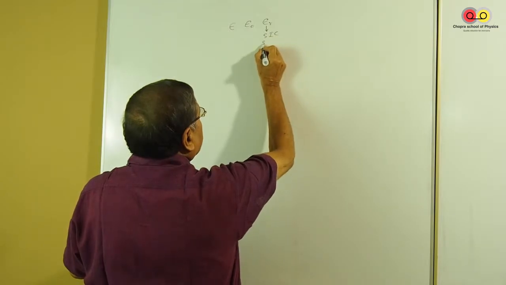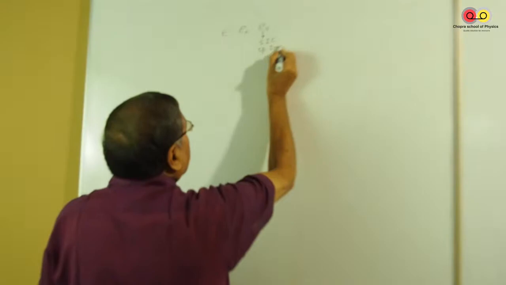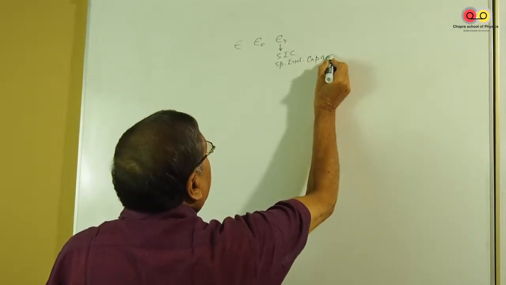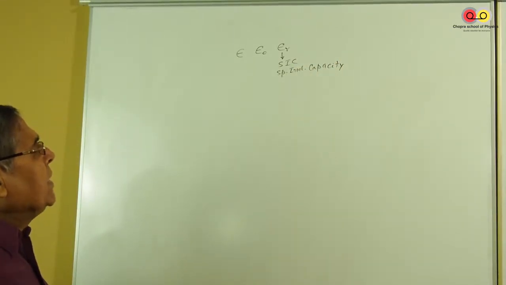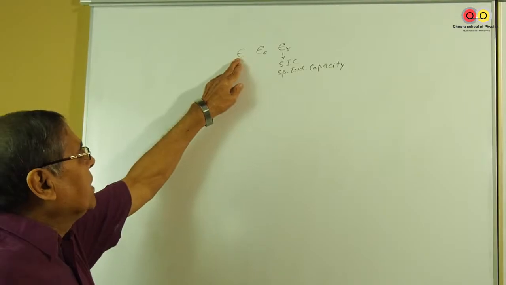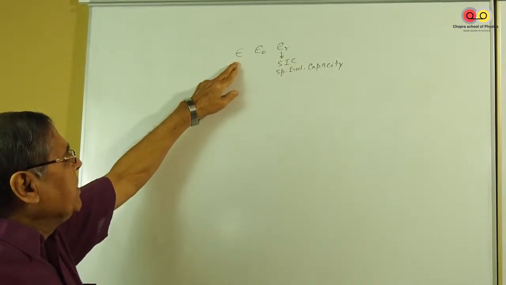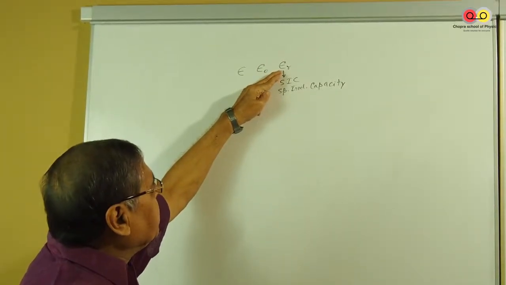SIC, specific inductive capacity. So, epsilon, epsilon naught, epsilon R: permittivity, absolute permittivity and relative permittivity.